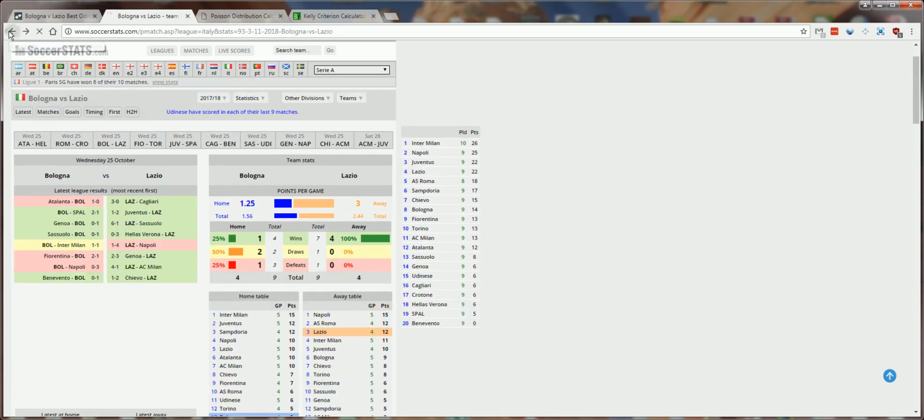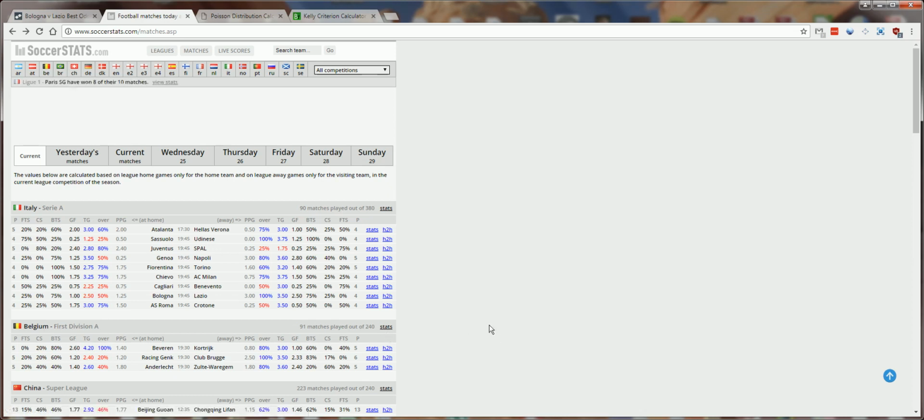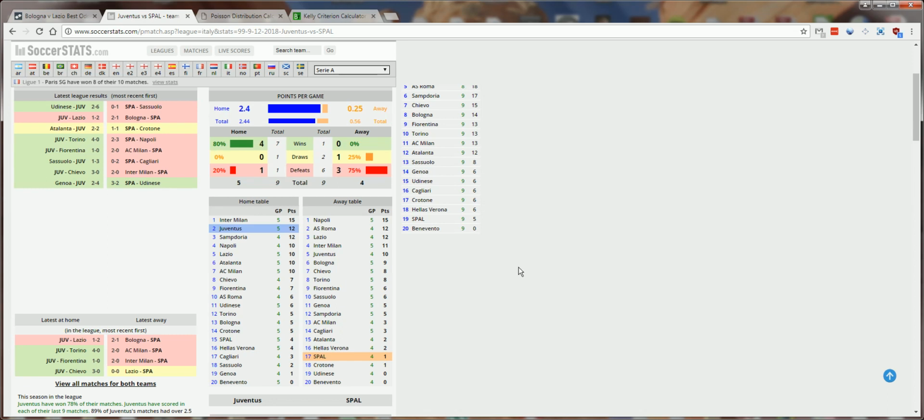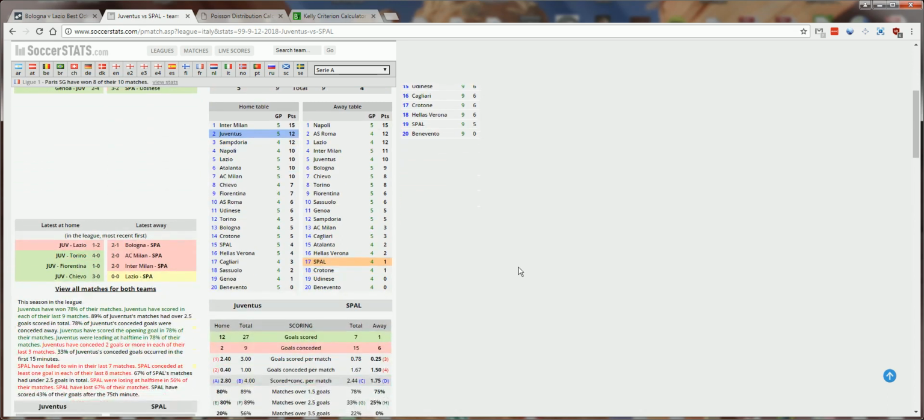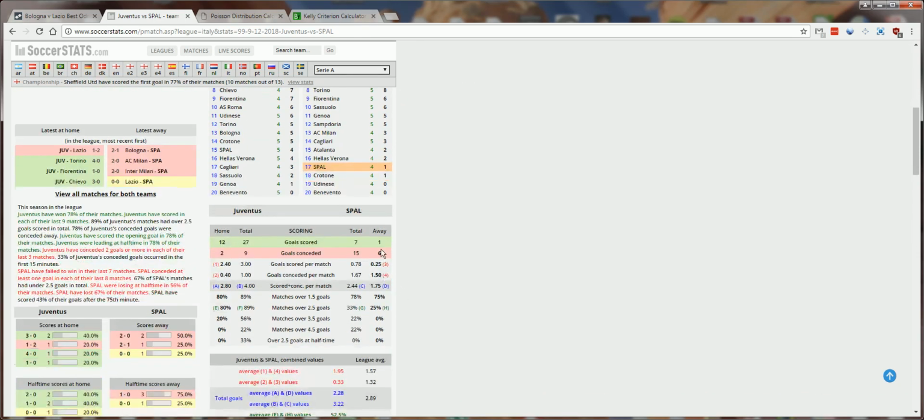So yeah, I just mentioned the Juve game, which we're expecting hundreds of goals, aren't we? Because Juve is so magnificent. But if we look at the stats here, they've actually beaten Torino and Chievo 4-0, 3-0. Fiorentina they only won 1, and Lazio they lost 1-2. But Spal have only scored 1 goal away from home, and they've conceded 6.